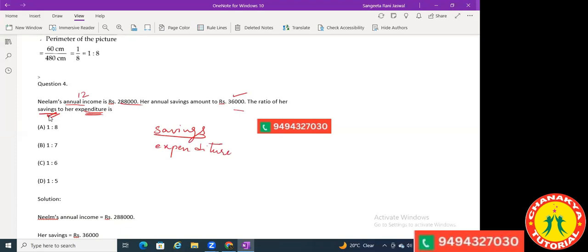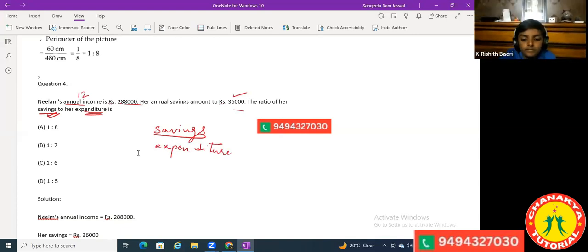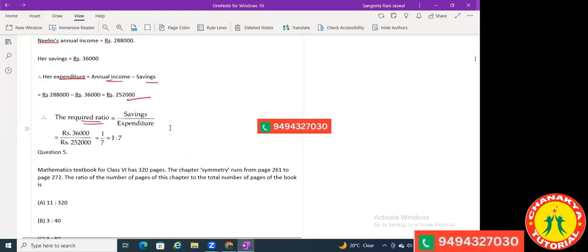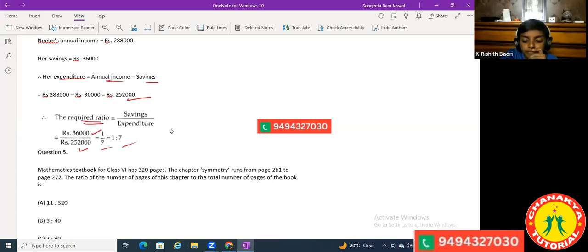Now see this. Savings was 63,000 and this was the expenditure which you got by subtracting. When you divide, 3 zeros get cancelled, and you get 1 by 7.